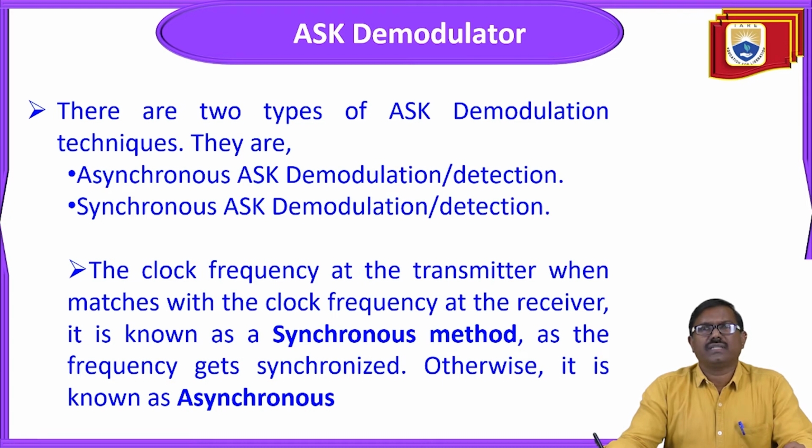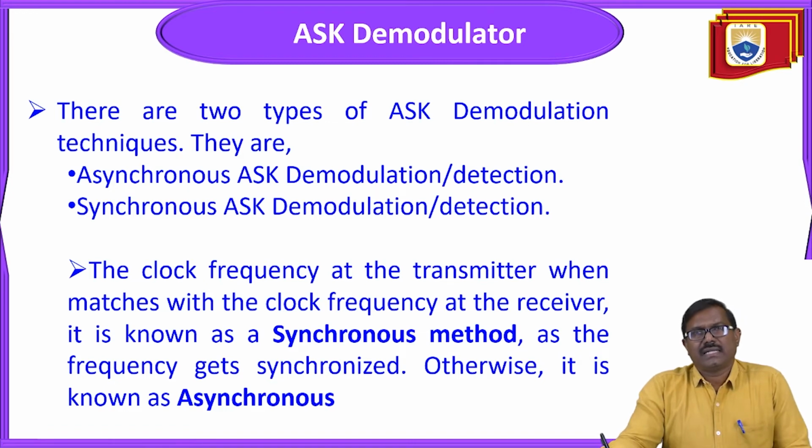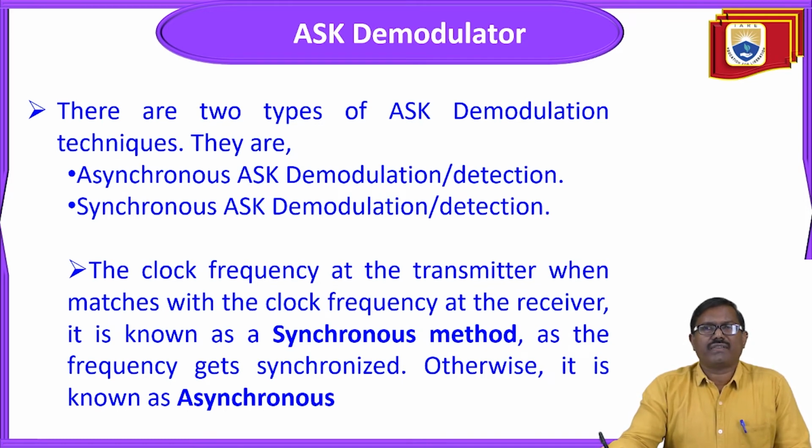And now the demodulator. Here we have two types of ASK demodulation techniques, which we already discussed: synchronous and asynchronous. In synchronous, when the clock frequency at the transmitter matches the clock frequency at the receiver, it is known as the synchronous method, or a receiver synchronized with the transmitter carrier is also called synchronous.